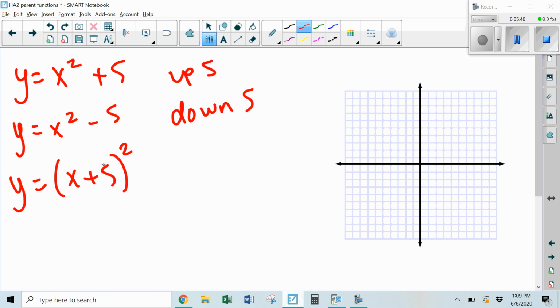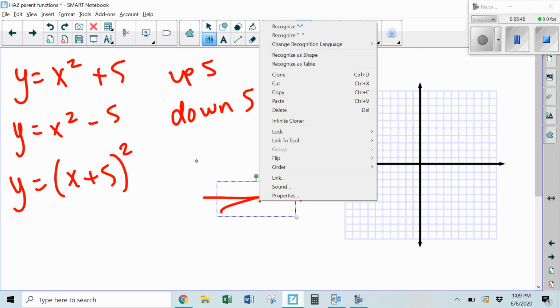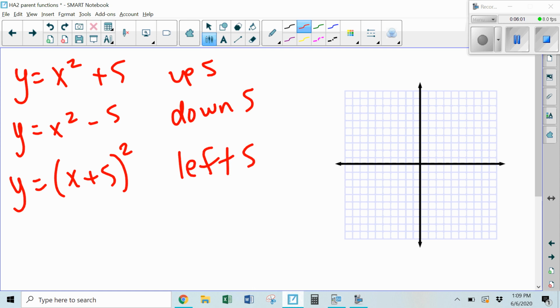Now, normally plus usually means we go this direction, but it's actually the opposite. So this actually moved it the opposite. It moved it left 5. And this moved it right 5.